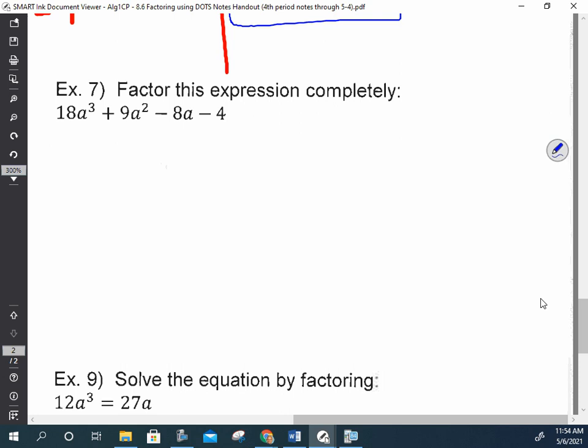So we're going to use grouping to solve this problem. There are your 2 groups.